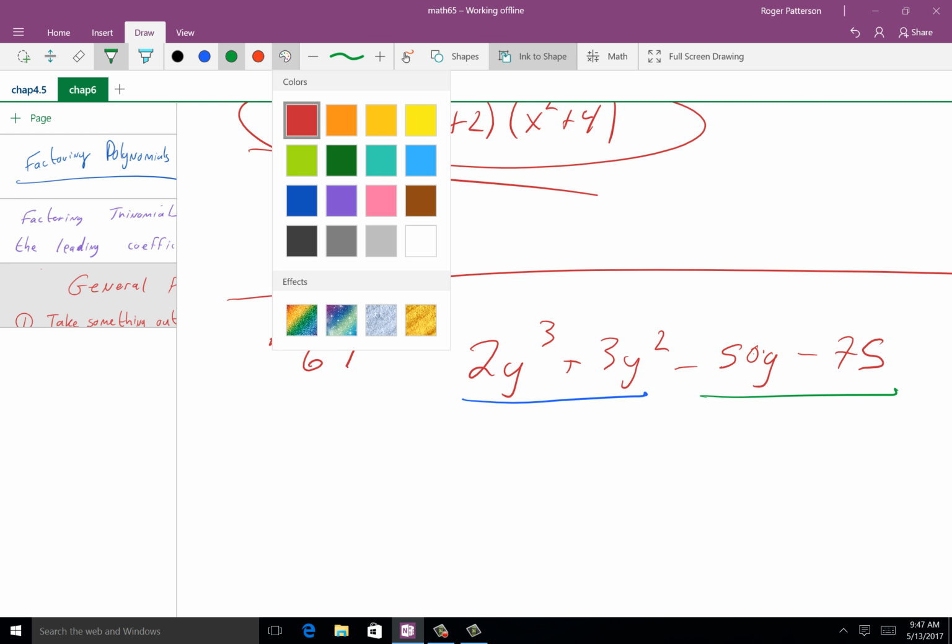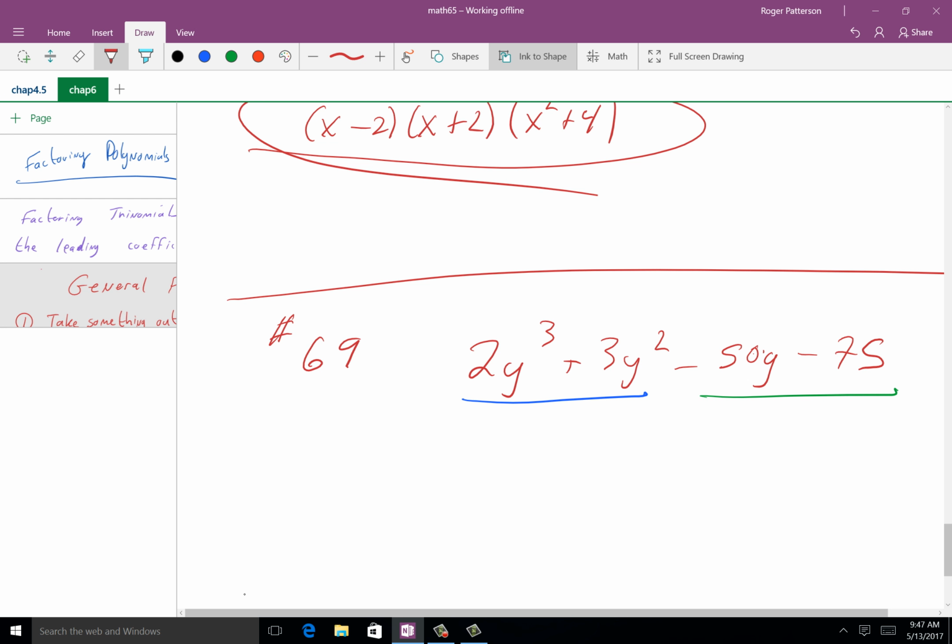Okay. And that's done? One vote for yes. Yep. 3 votes for yes. Oh, it's a perfect square on the bottom. Yeah. So it's 6.